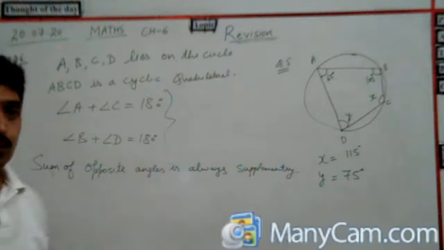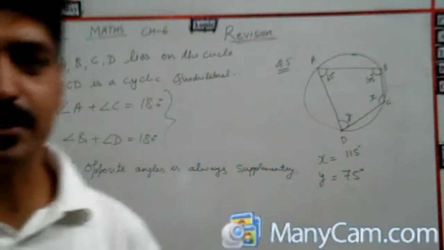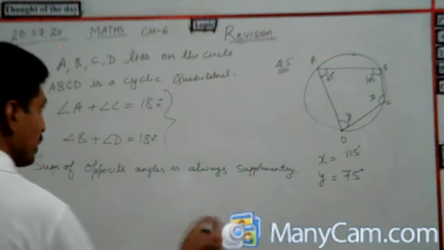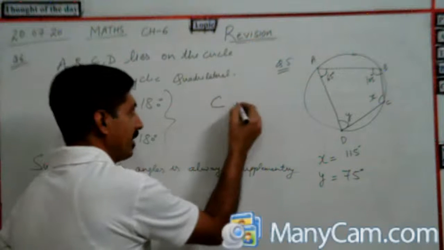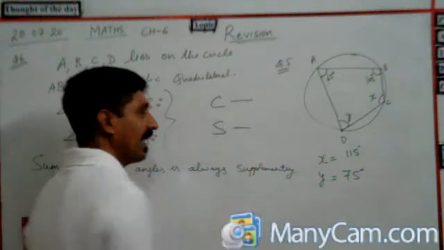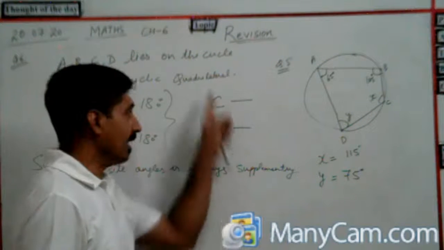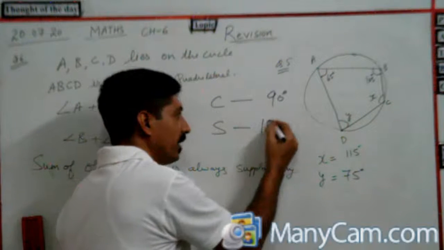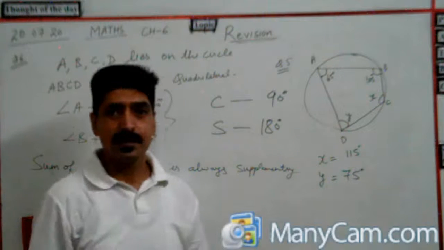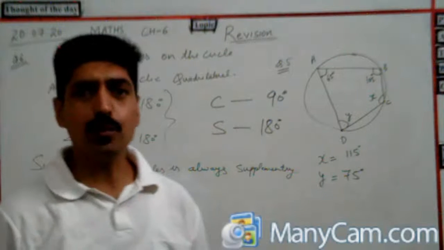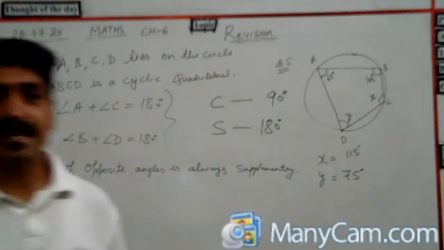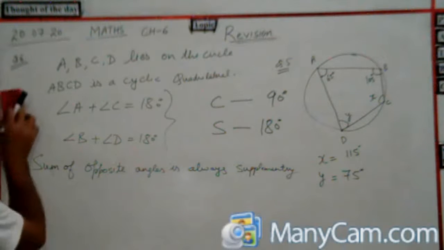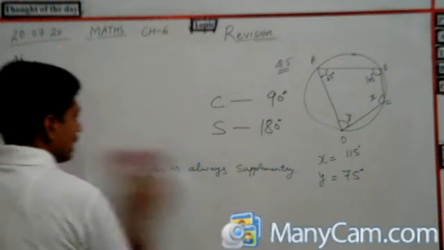Right? Now some students have a confusion regarding supplementary and complementary angles. I have discussed with you. If you forgot what are complementary angles and what are supplementary angles, apply the reasoning. In the alphabet, C comes first, 90 comes first, S comes later, 180 comes later. Two angles are said to be complementary when their sum is 90 degrees.